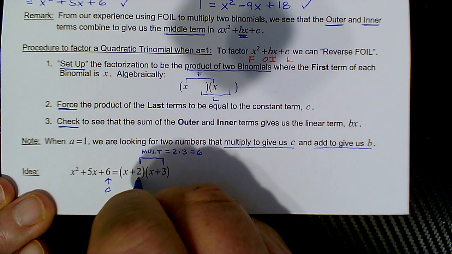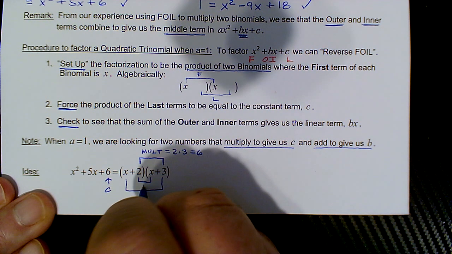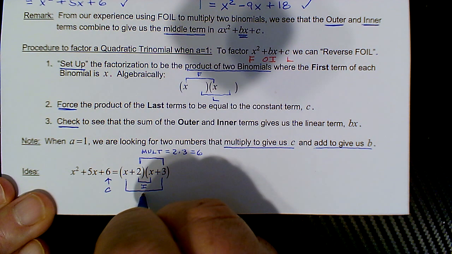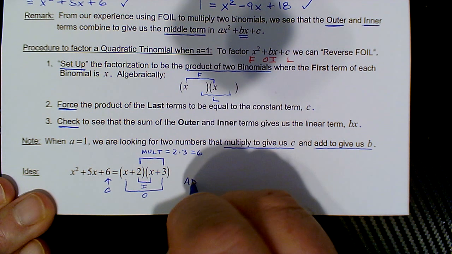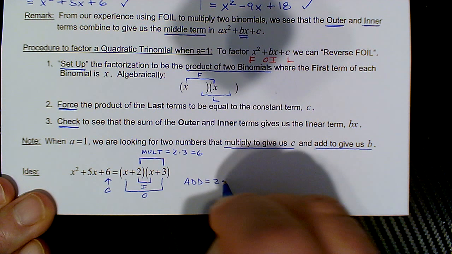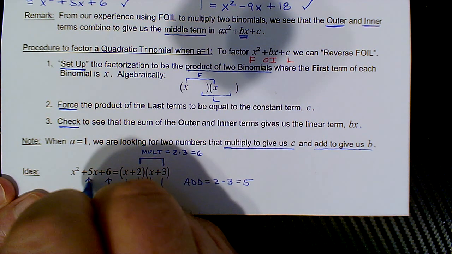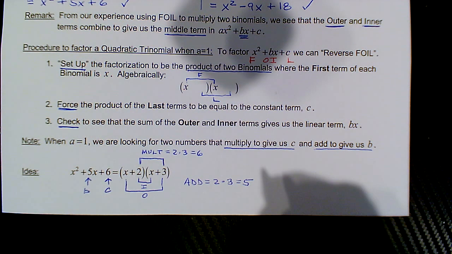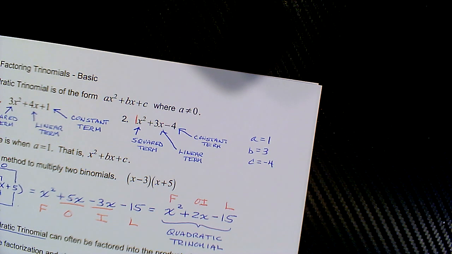And they add, which is basically the inners and the outers, add those two numbers, 2 plus 3, and we get 5, which is the value of b. So that's a little trick that's often used when a is 1, but only when a is 1. When a is not 1, that rule does not apply. So we're going to look at a series of examples.